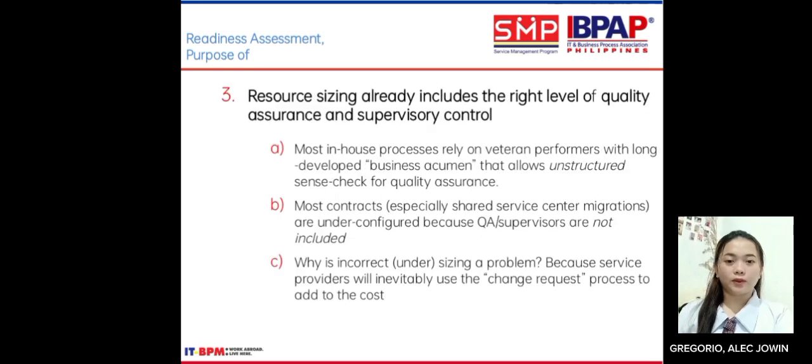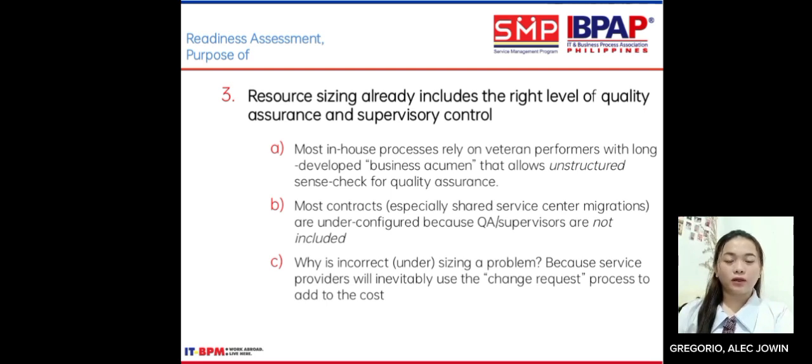Number 3 of purpose of readiness assessment: resource sizing already includes the right level of quality assurance and supervisory control. A. Most in-house processes rely on veteran performers with long-developed business acumen that allows unstructured self-checks for quality assurance.